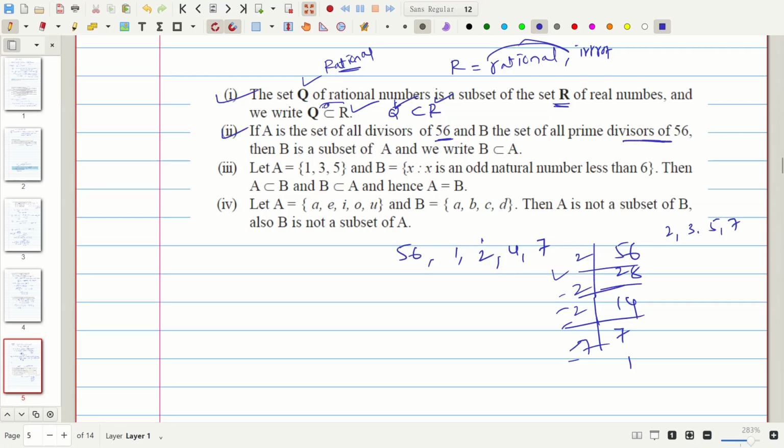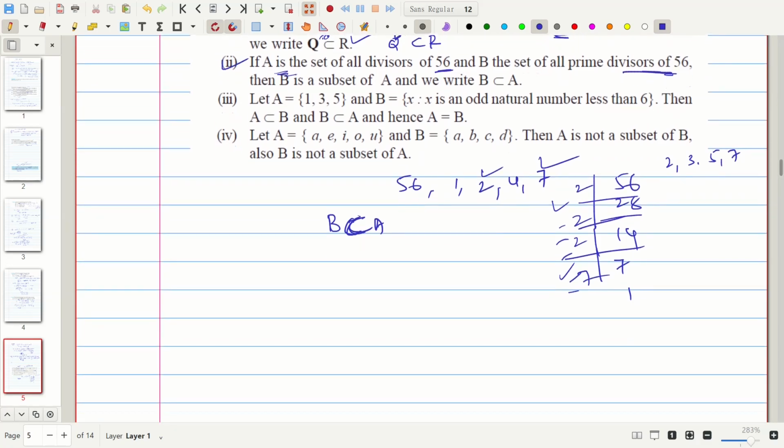So 2 is present here and 7 is also present here. Therefore B is a subset of A. The prime numbers which divide 56 are present in A, therefore we can write B is a subset of A.